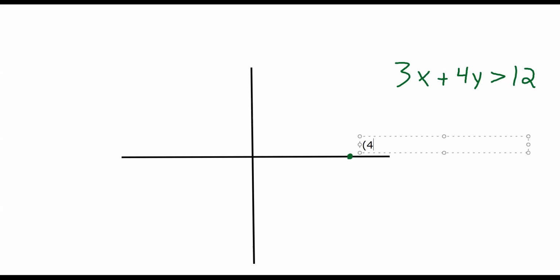Give me just one moment, but it's kind of interesting. You can see the process I'm about to use here. This is the point 0, 3. So now I'm going to graph the line.